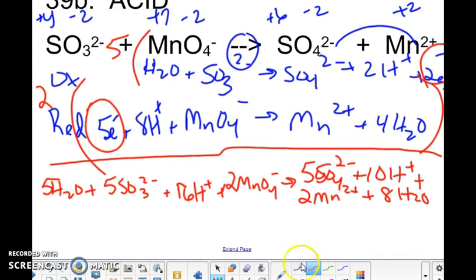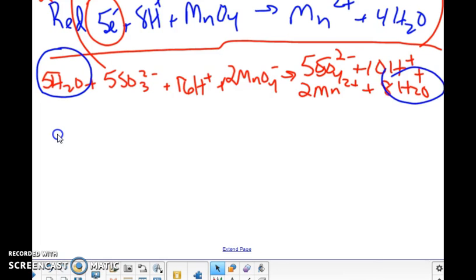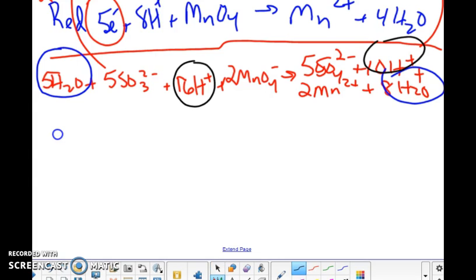We have a couple things on both sides of the equation. I see I have water here, and I have water here. I see I have H plus here, and I have H plus here. So I have to combine like terms. I have 5 waters. I'm going to make this 3 H2Os. I have 16 hydrogens and 10, and I cross this out and make this 6 H plus.